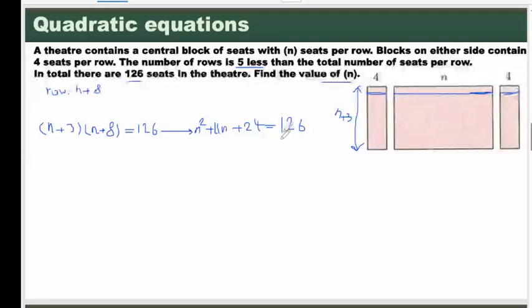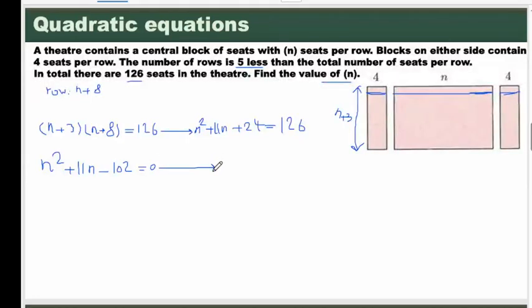I bring 126 to the left side, so I will have n squared plus 11n minus 102 equals 0.